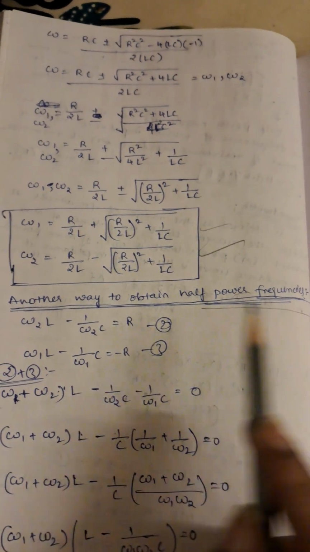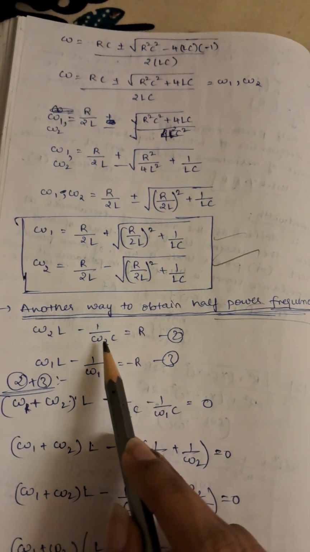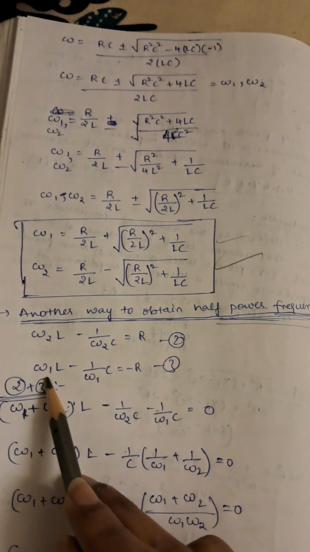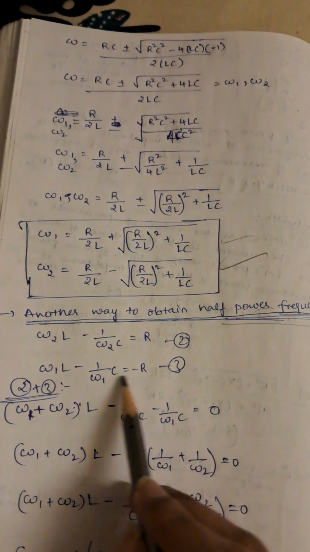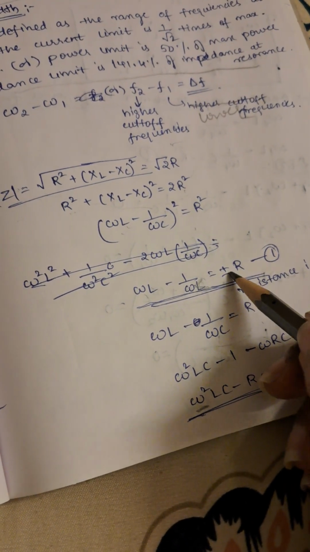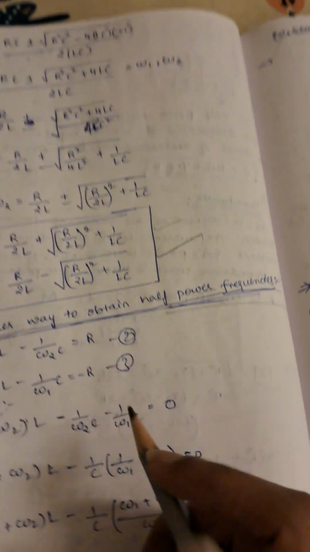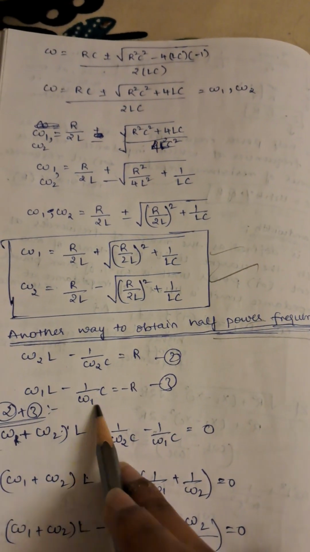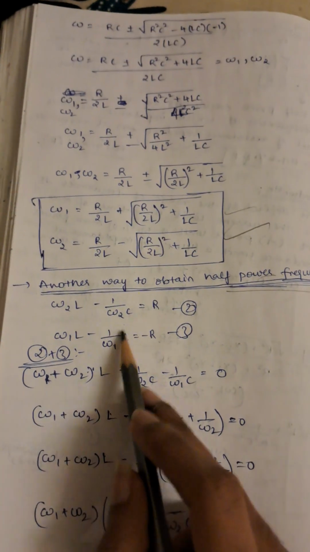Another way to obtain half power frequencies: omega 2 L minus 1 by omega 2 C is R, and omega 1 L minus 1 by omega 1 C is equal to minus R. How we got this is from the formula omega L minus 1 by omega C is plus or minus R. In one case you substitute omega 1, in the other case you substitute omega 2. Then add both.